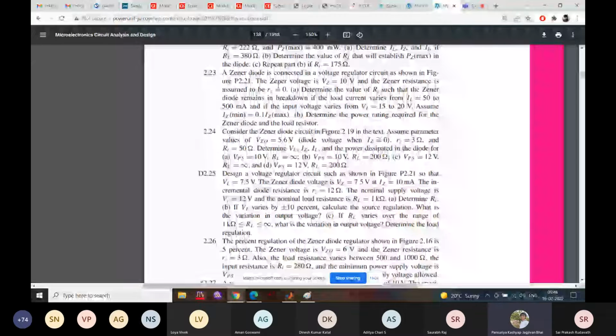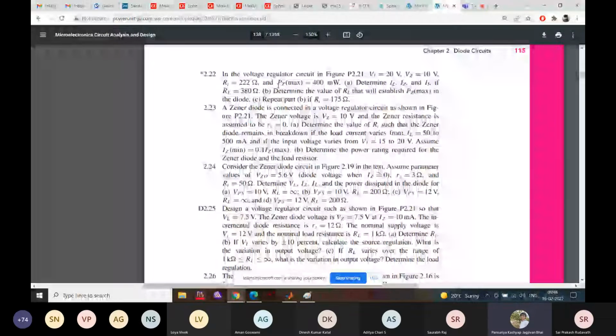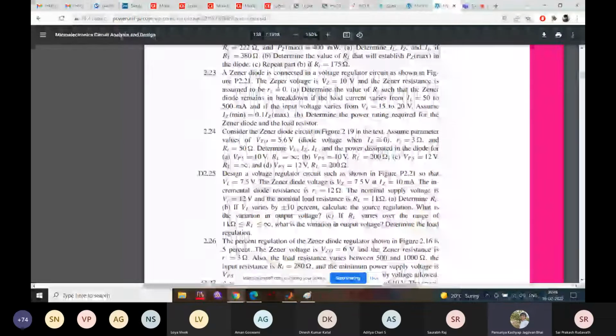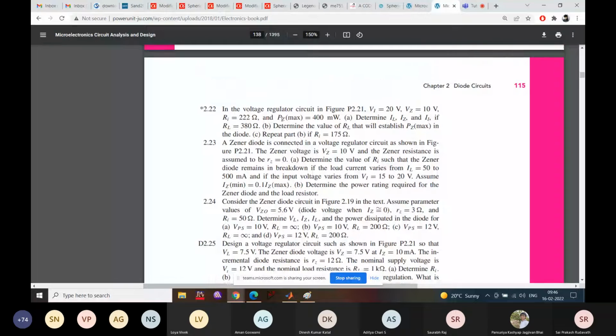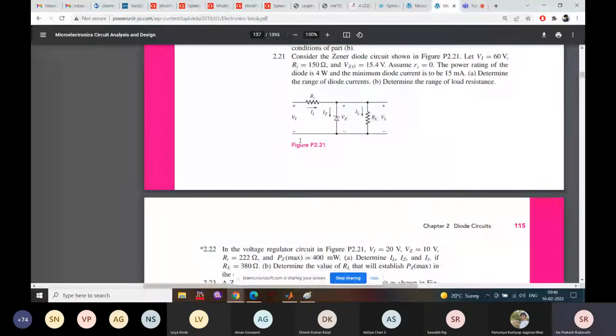Sir, can you please show the figure? The diode is in series with that voltage regulator. Yes. Right?